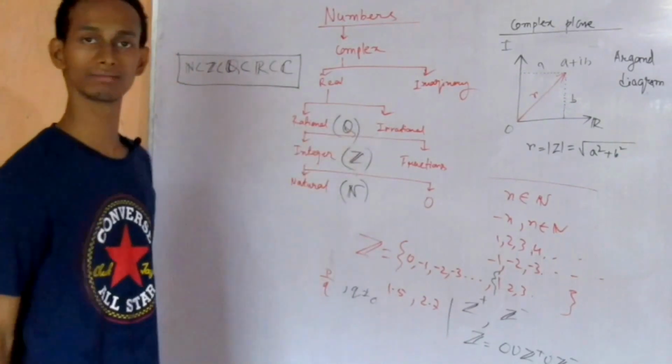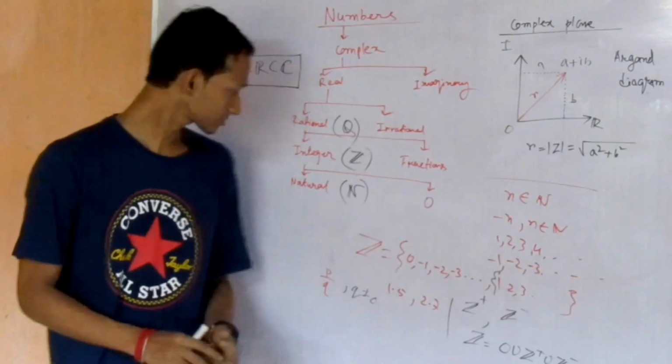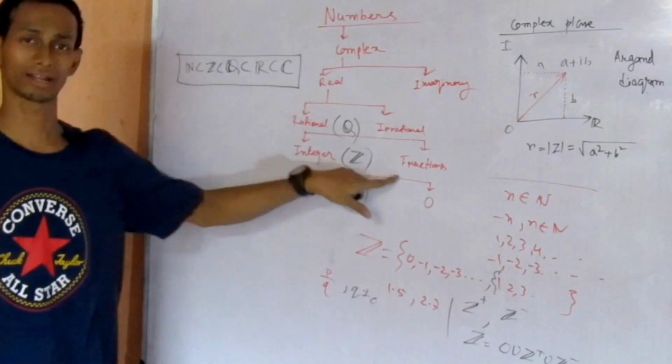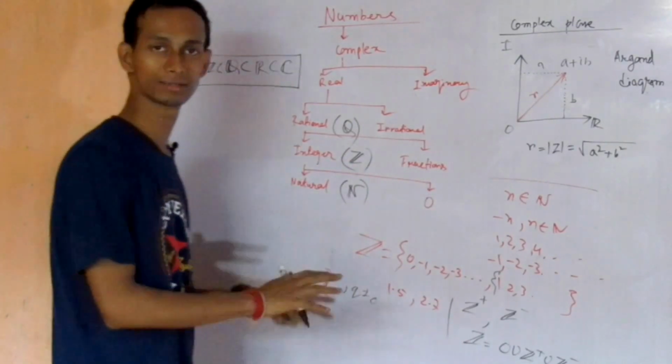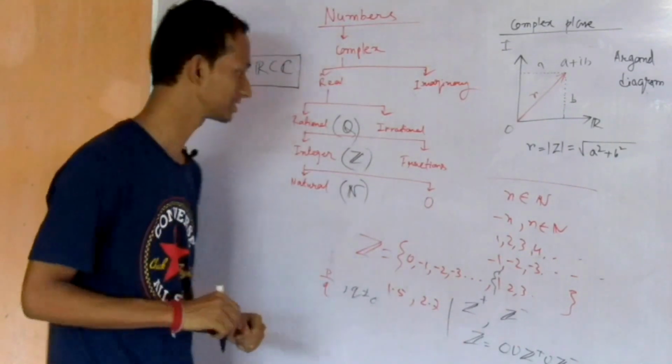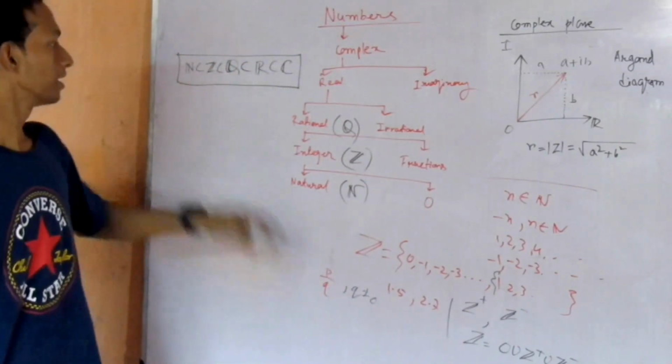And which are the irrational numbers? Those numbers which cannot be written in the form p by q, where p and q are both integers.